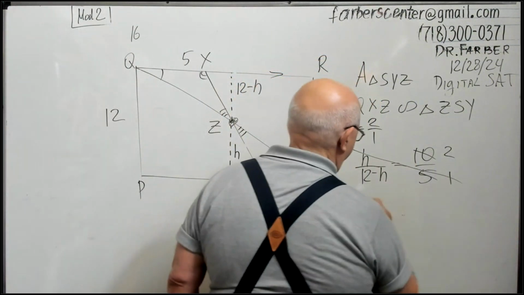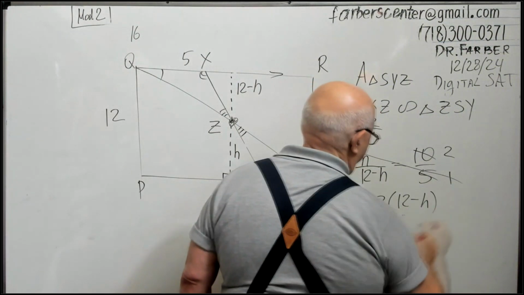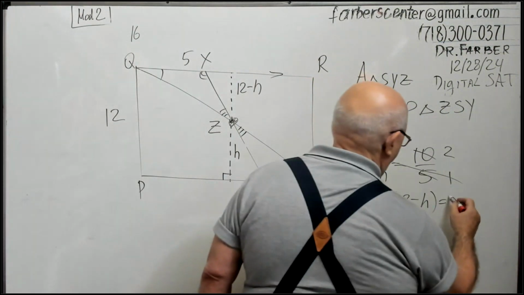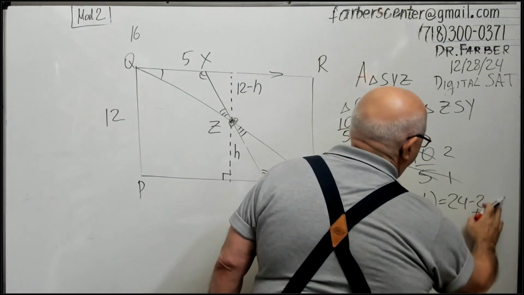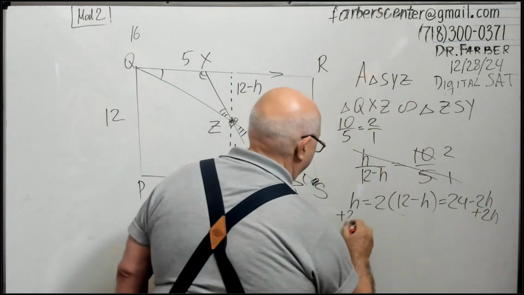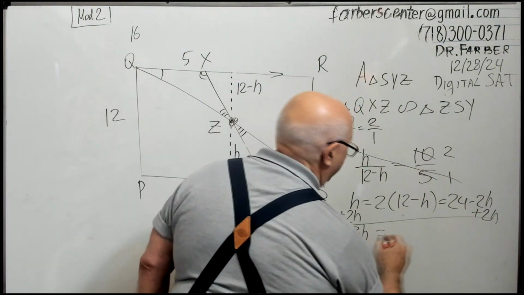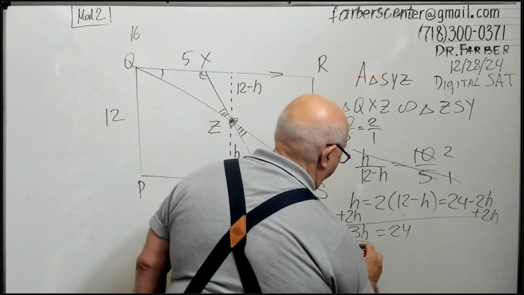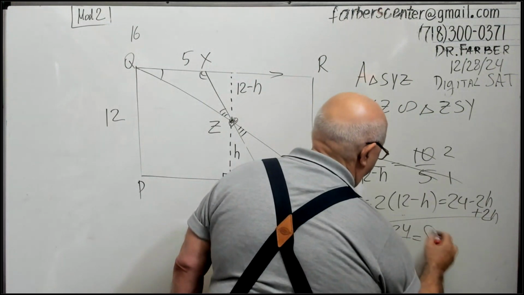So H equals 2 times 12 minus H, or 24 minus 2H. Plus 2H, and plus 2H. I will have 3H equals 24, divide both parts by 3. I found height equals 8.